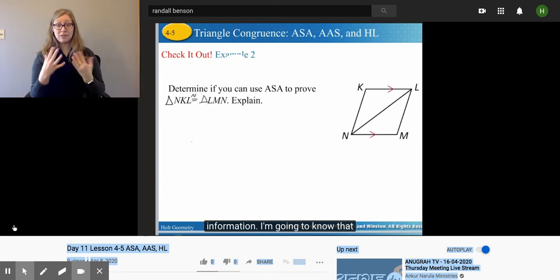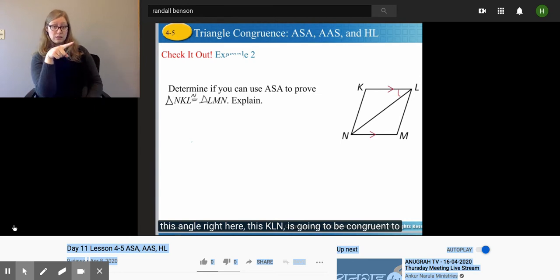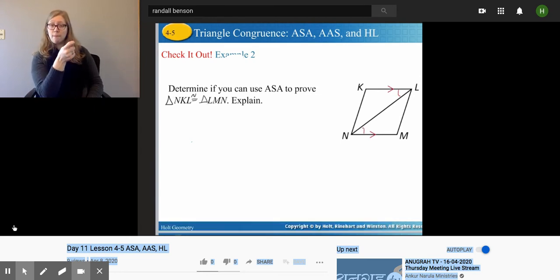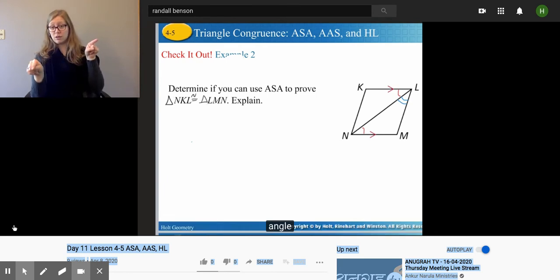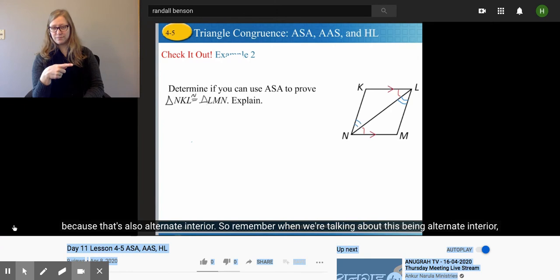I'm going to know that this angle right here, KLN, is congruent to MNL because those are alternate interior angles. I also know by that same reasoning that angle MLN is congruent to angle KNL because that's also alternate interior.